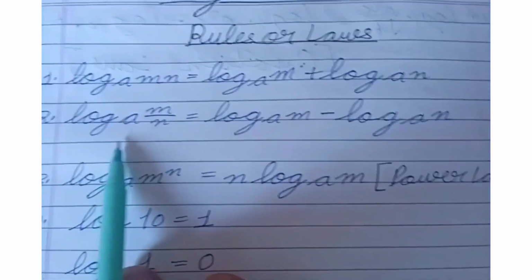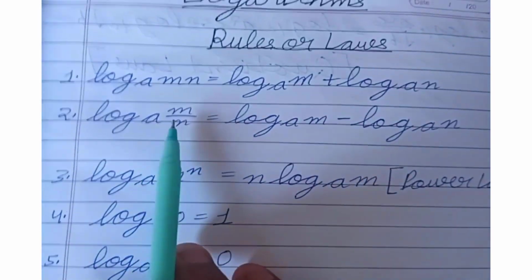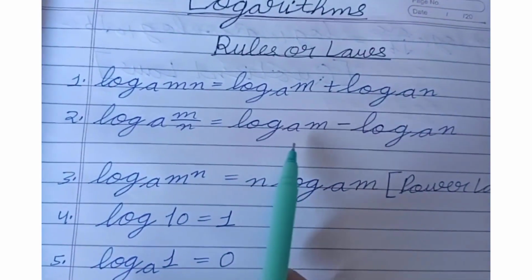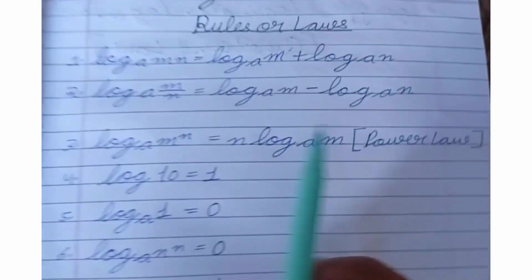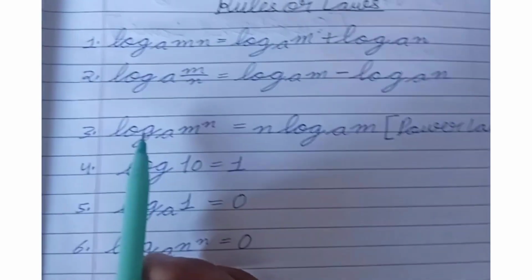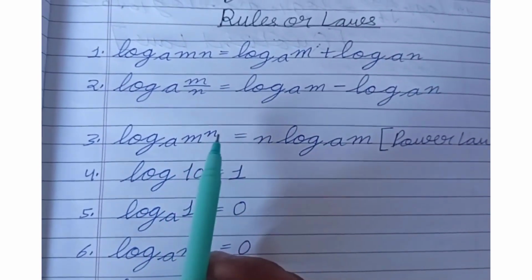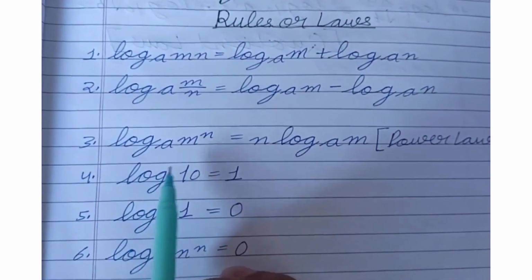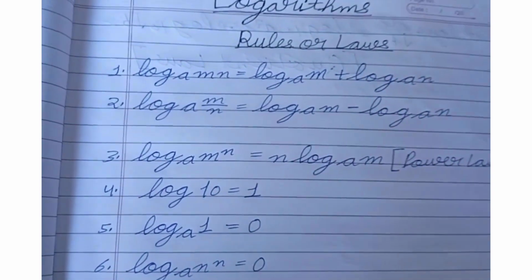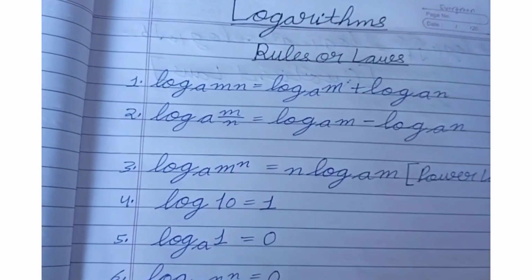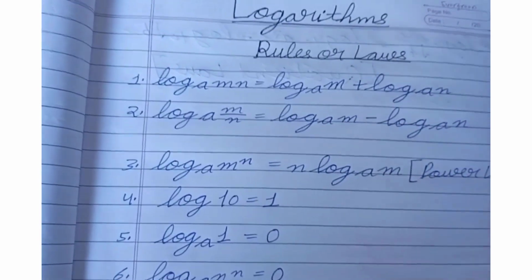Now if this is given as a division, log a of m divided by n, then we subtract: log a m minus log a n. Now if log a m power n is given, we have to solve this in questions. I will do the questions also, so that you will be able to understand it very easily.